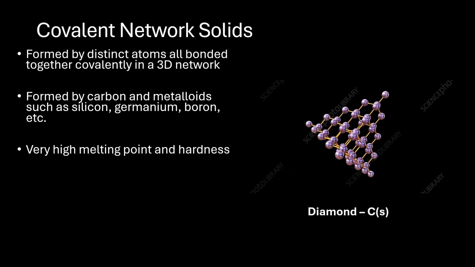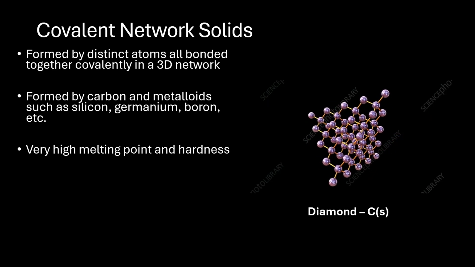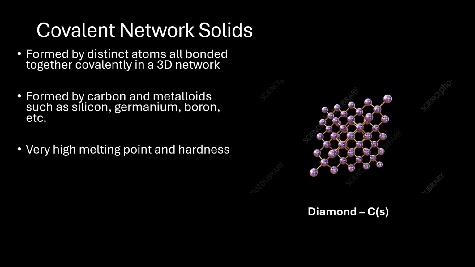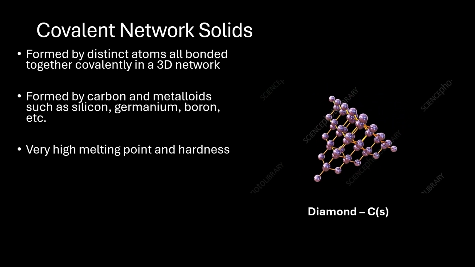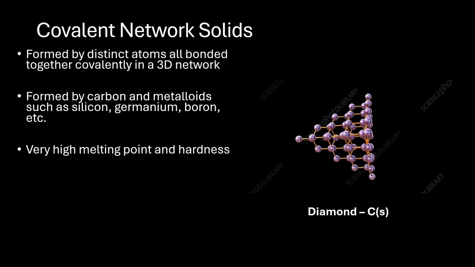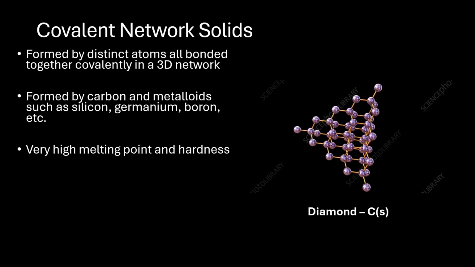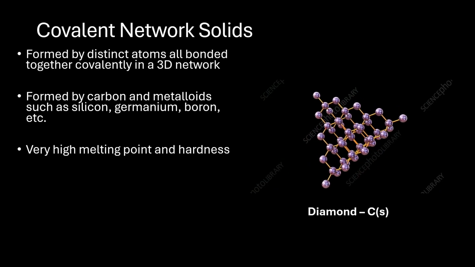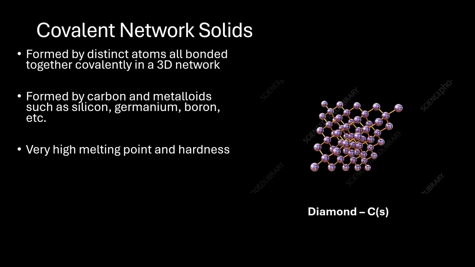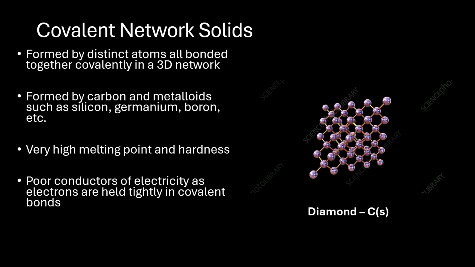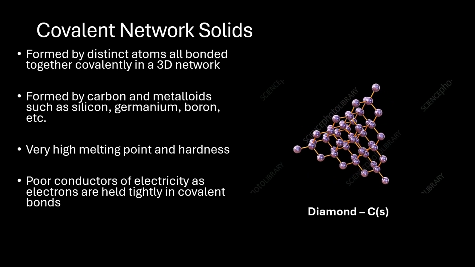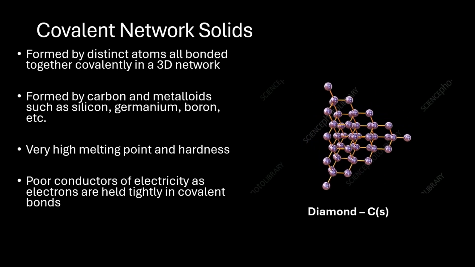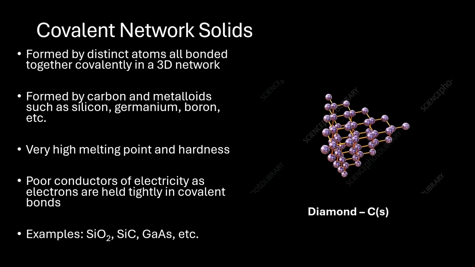And so these have really high melting points and hardness, especially for covalent compounds, because remember, covalent solids have fairly low melting points. But these are going to have really high melting points, and they're going to be really hard. The hardest thing that we can use is a diamond. And they're really poor conductors of electricity because those electrons are, again, still held tightly in those covalent bonds.